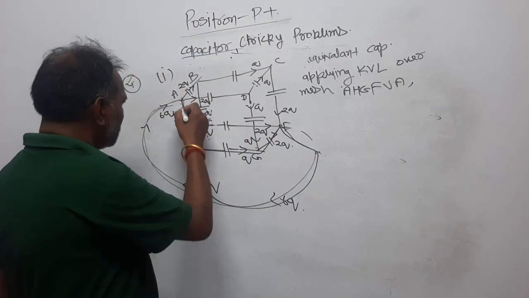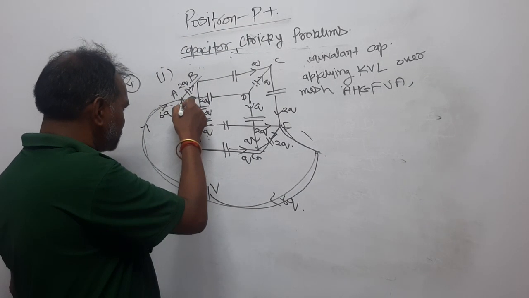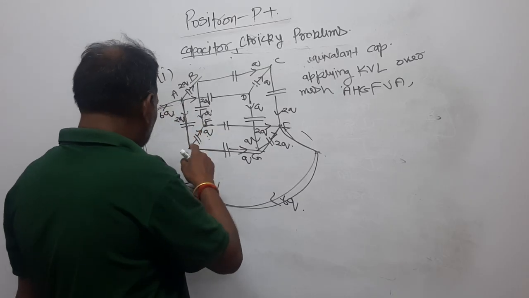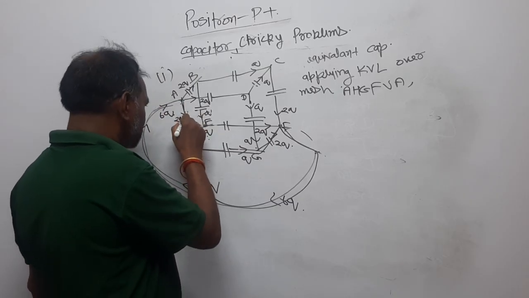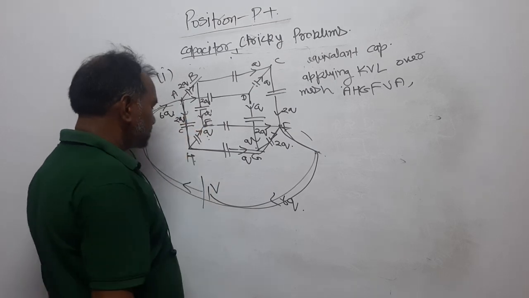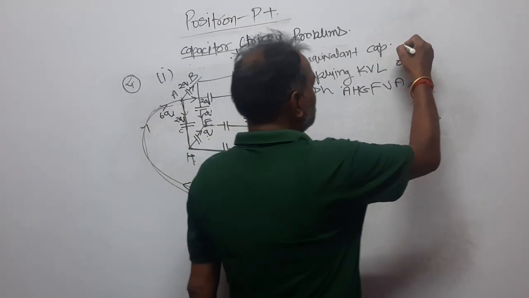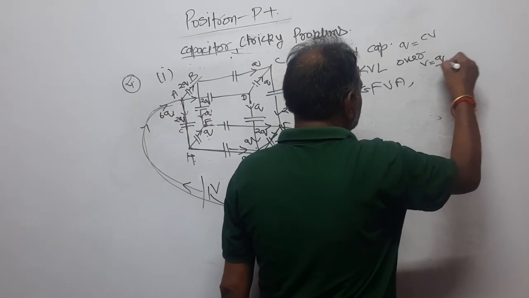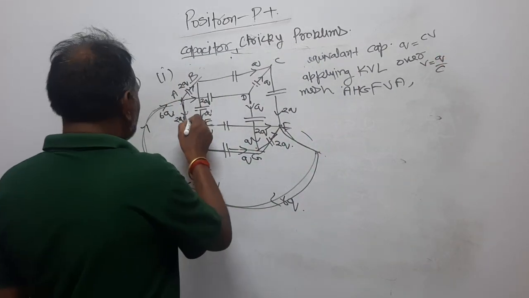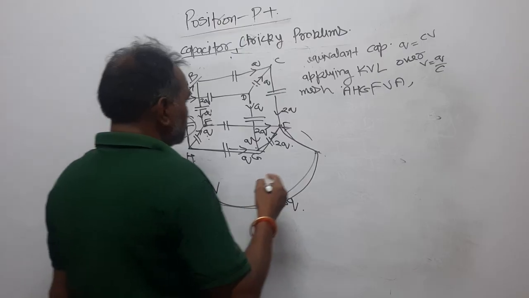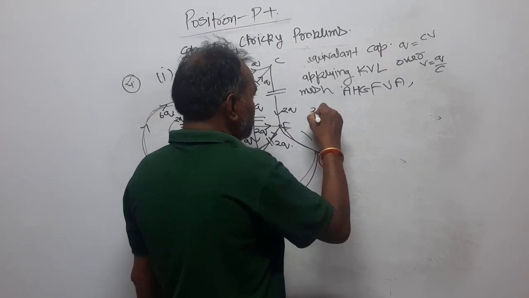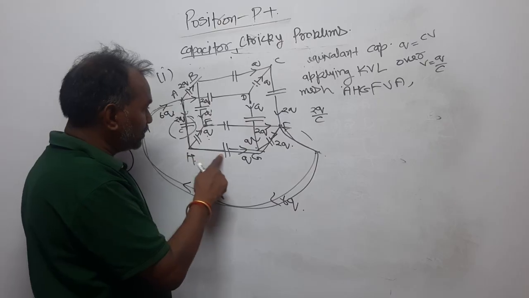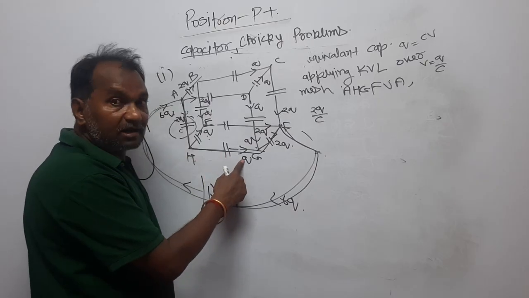Now look here. If you move in the direction of charge, it has a charge 2Q and capacitance is C. Q is equal to CV, so V is equal to Q upon C. So dear student, here the potential will be 2Q upon C, right? Here the potential will be 2Q upon C, and again you are moving in the direction of charge.